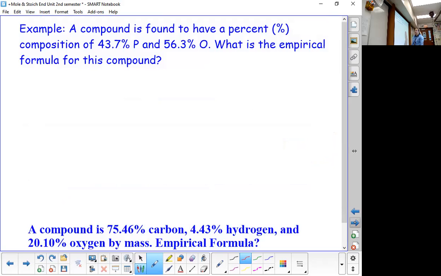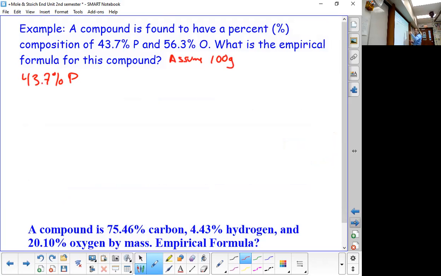So as an example problem, a simplistic one. A compound is found to have a percent composition of 43.7% phosphorus and 56.3% oxygen. And we're going to find the empirical formula of this. We're going to assume we have 100 grams of this compound.